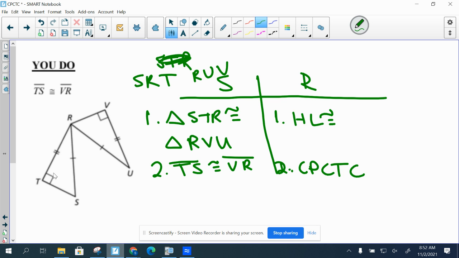You have to do R because this angle and that angle match up, so you have to do R, U, V. There are so many ways you can rearrange these letters, just make sure that they're right. If you did R, T, S, then you have to do U, V, R. Do that to the other one, and then you're good.